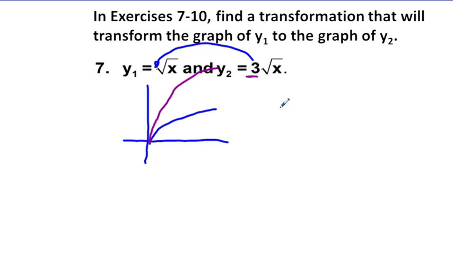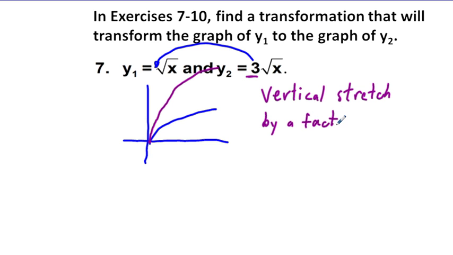So find a transformation. We will say vertical stretch by a factor of 3.